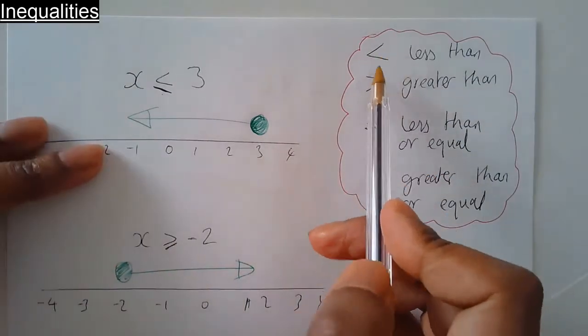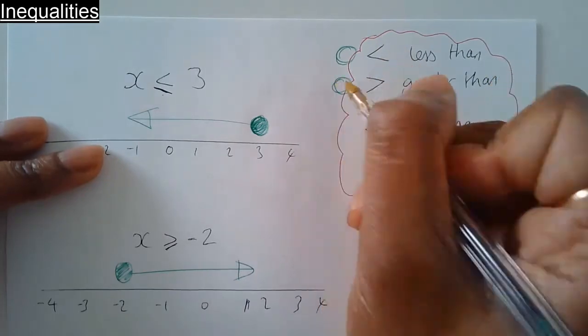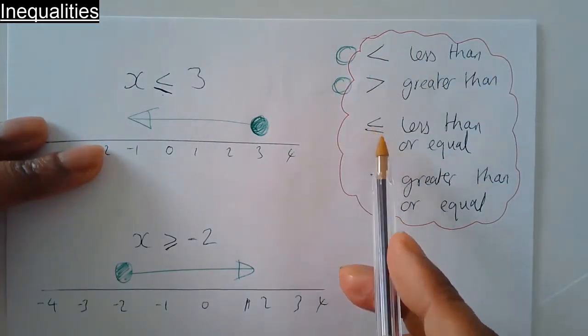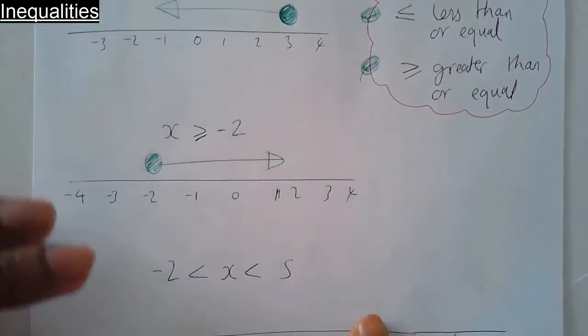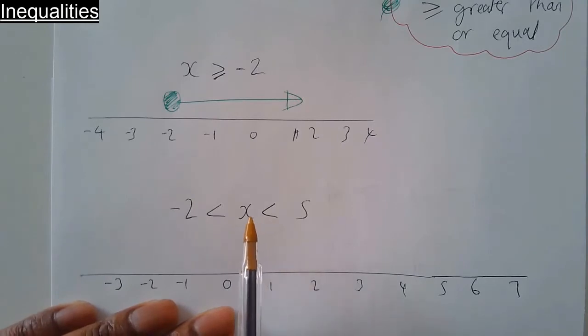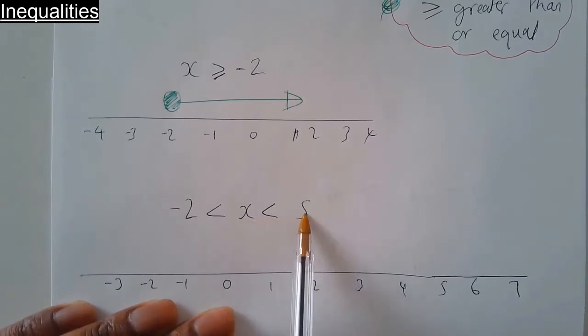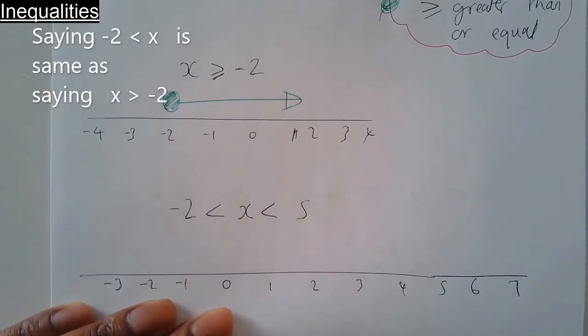Right, with these type of symbols, it will be hollow. And these ones, where it's got the equal symbol as well, they'll be filled in. So this is interpreted as x has to be less than 5, but bigger than or equal to -2.